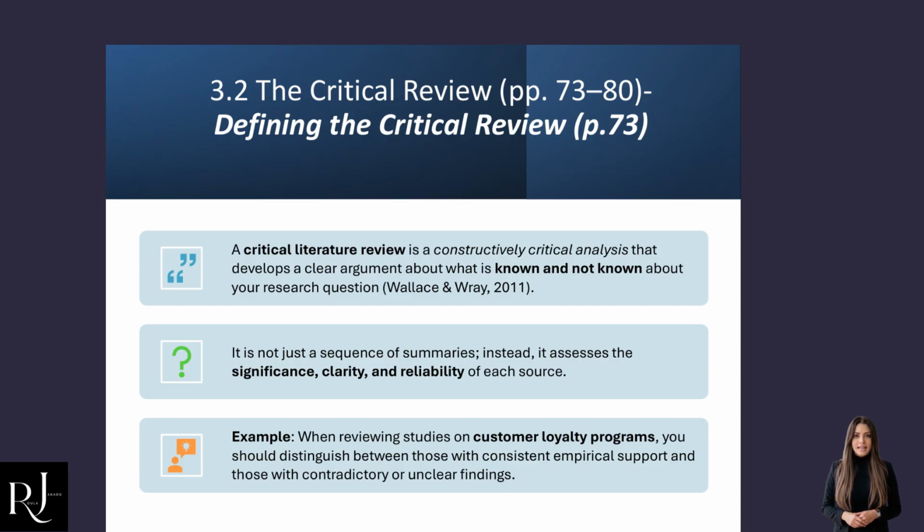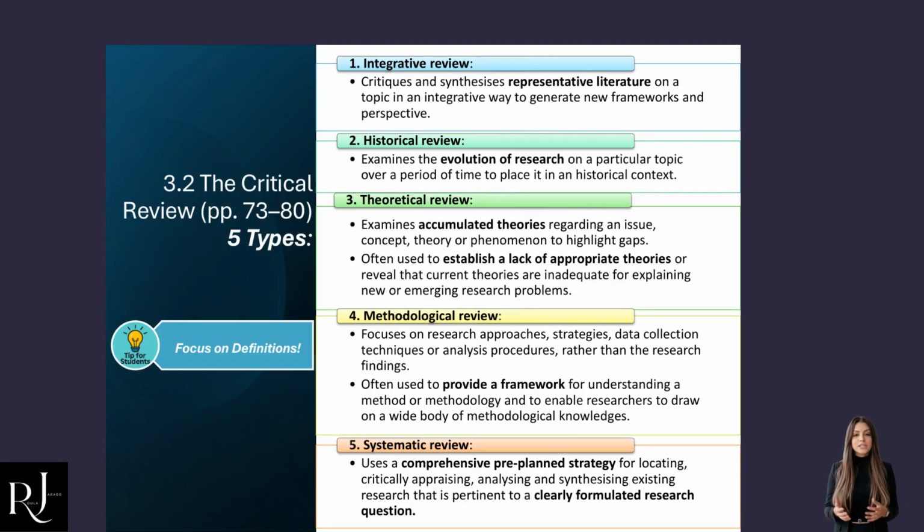For instance, if you are reviewing studies on customer loyalty programs, you shouldn't just list them. You must distinguish between those with consistent empirical support and those that present contradictory or unclear findings, explaining why those contradictions might exist. There are 5 primary types of critical reviews.